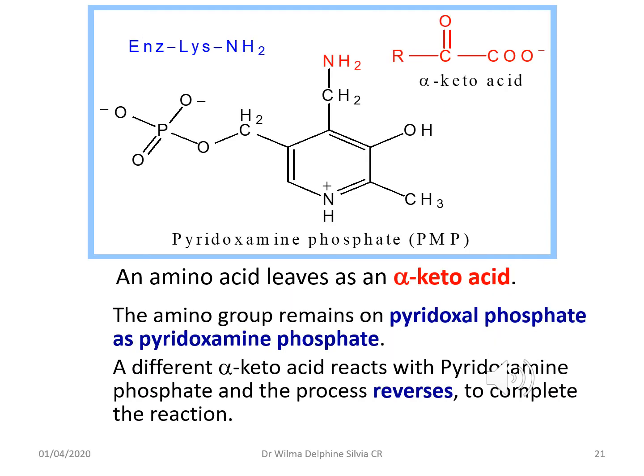The amino group remains on the pyridoxal phosphate as pyridoxamine phosphate, and the amino acid leaves as a new keto acid. A different keto acid reacts with pyridoxamine phosphate and the process reverses to complete the reaction.